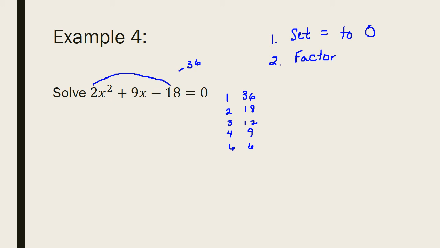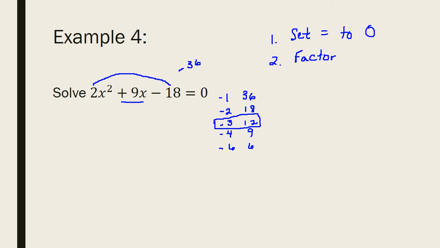And because this is a negative 36, and this is a positive 9x, that means our larger number needs to be positive. So I'm going to make the smaller numbers negative. And we're looking for the one that adds up to give us a positive 9. And here it is, negative 3 and a positive 12.